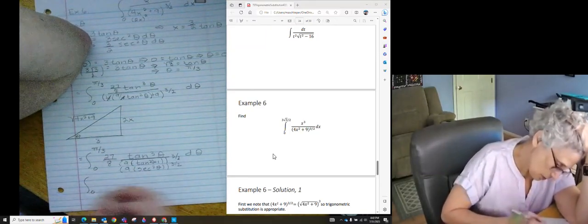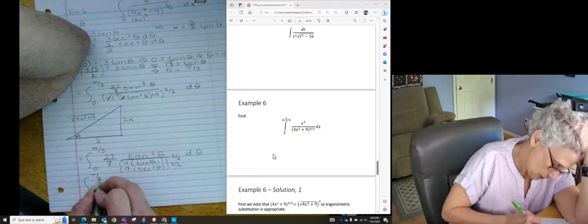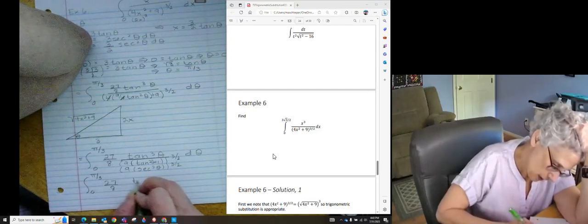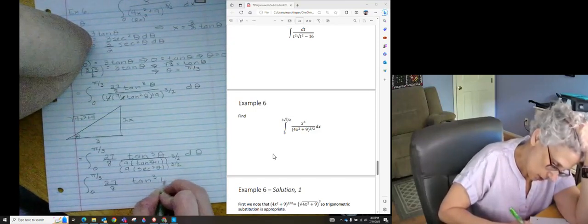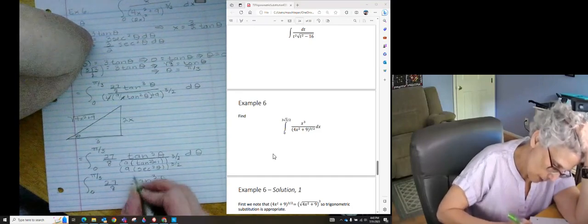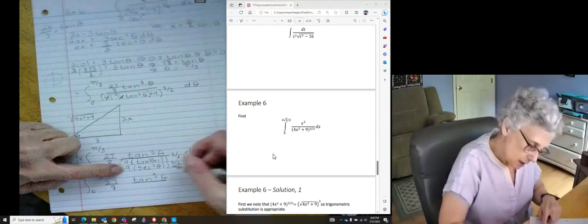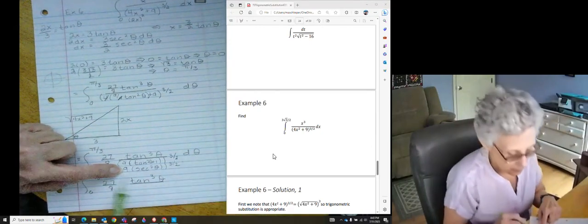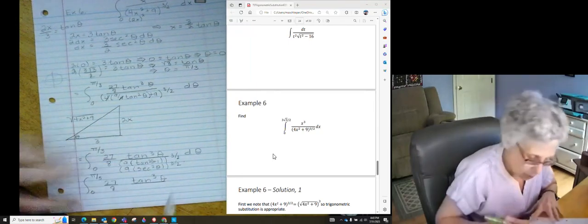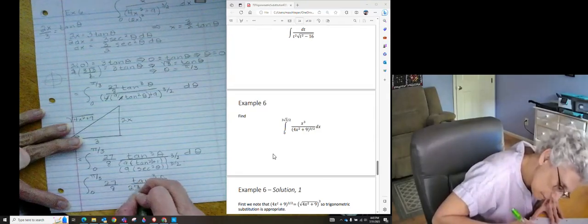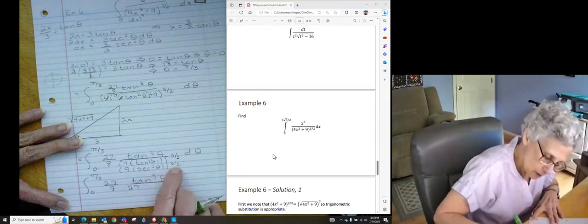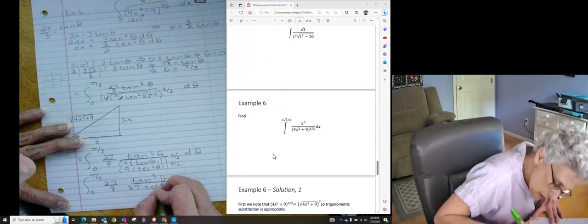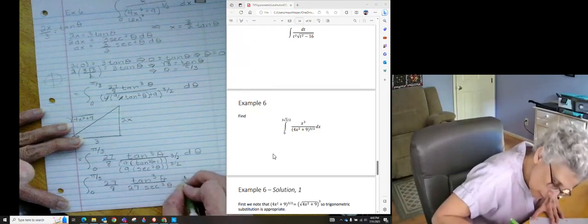So what I really end up with is the integral from 0 to pi over 3, 27 over 8. I still have tangent cubed of theta up top. I have 9 to the 3 halves down below. So that would be the square root of 9, which is 3, cubed is 27. And the secant squared to the 3 halves gave me secant cubed of theta d theta.